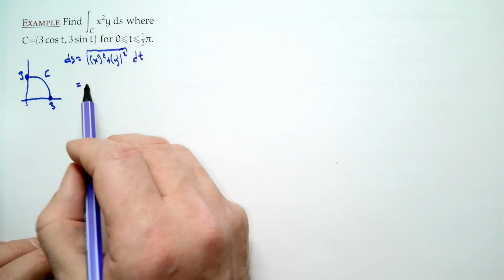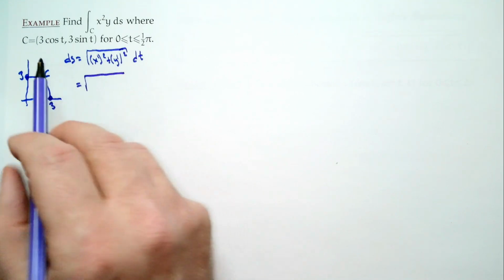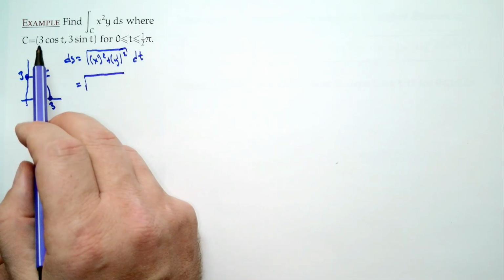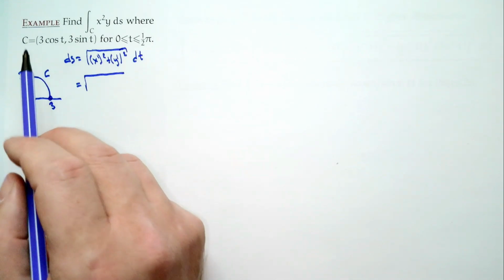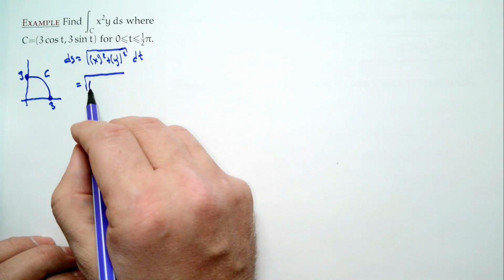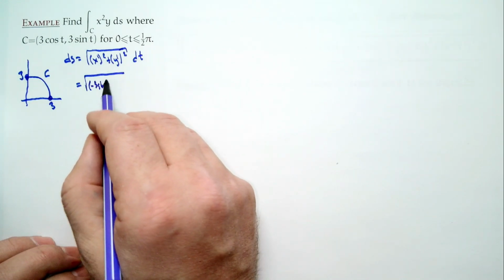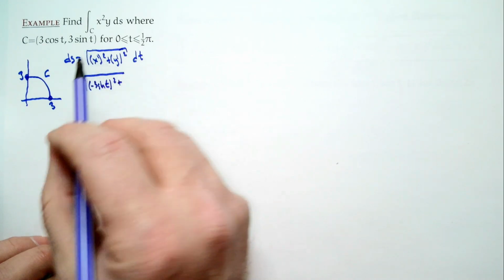So let's take our derivatives. What's the derivative of x with respect to t? Negative 3 sine, so we're going to have negative 3 sine t squared. Okay, go to y.